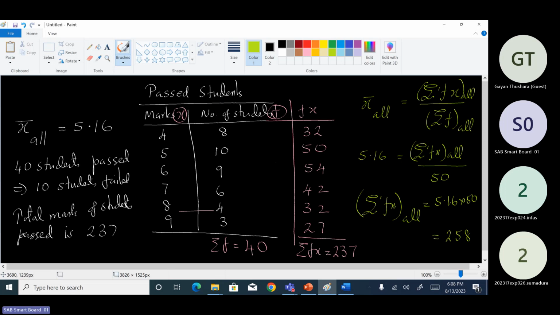Total marks of the students who passed is 237. So we can get the gap, that is the marks of the students who failed. How many students failed? 10 students. So 258 minus 237, 21, over 10.